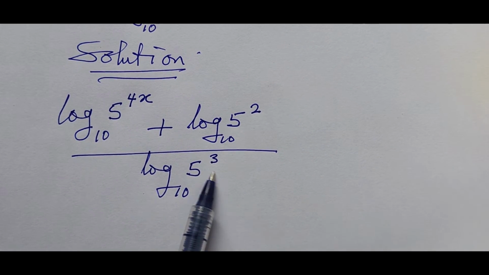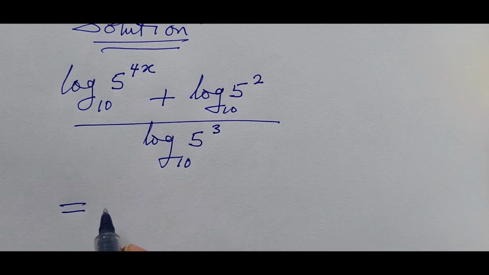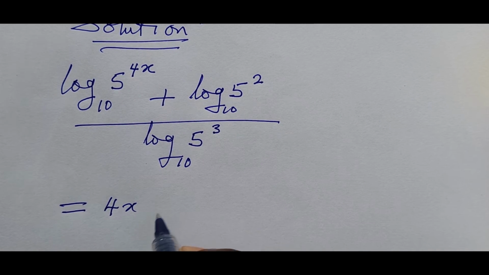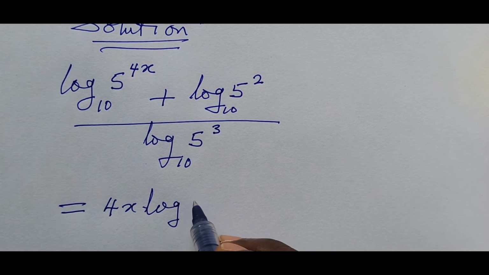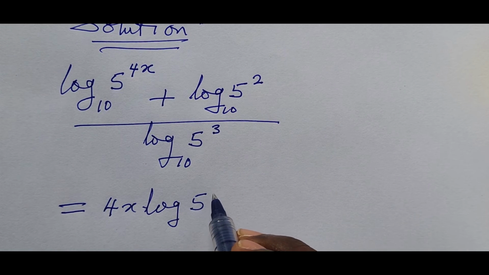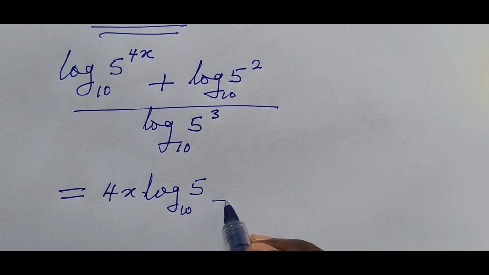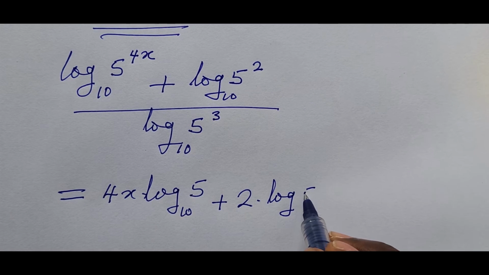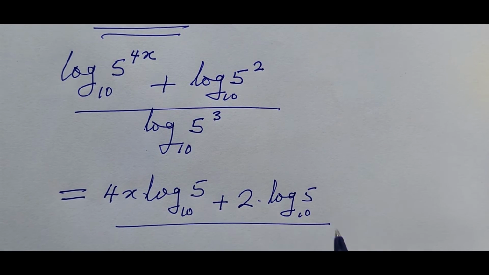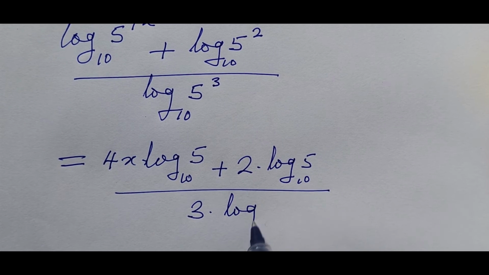And so if we move all the powers to the front, the first one gives us 4x times log 5 to the power of 1, which is the same thing as log 5 base 10, plus 2 times log 5 base 10, all over 3 times log 5 base 10.